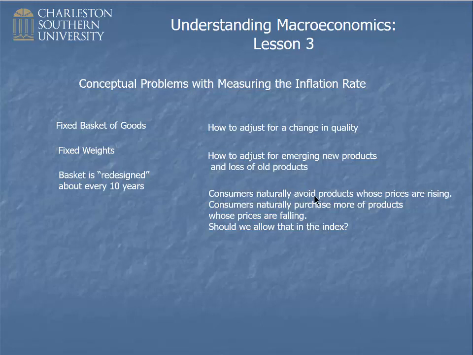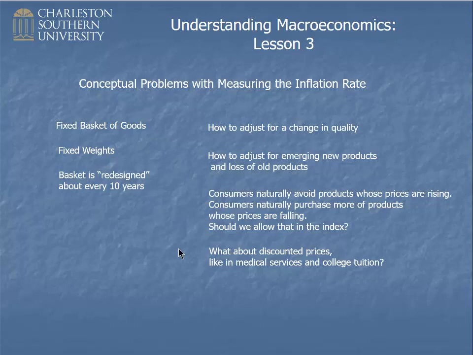So not only do consumers avoid products whose prices are rising, but they also naturally purchase more of products whose prices are falling. Something goes on sale, it's just natural that you would try to buy more of it to save money. So how should we allow this tendency of consumers in the index? At the moment, we don't allow it at all. At the moment, this robotic consumer buys exactly the same thing every month.